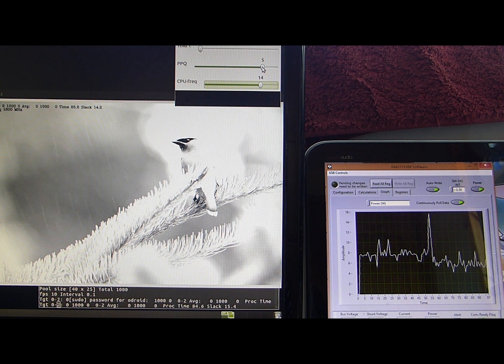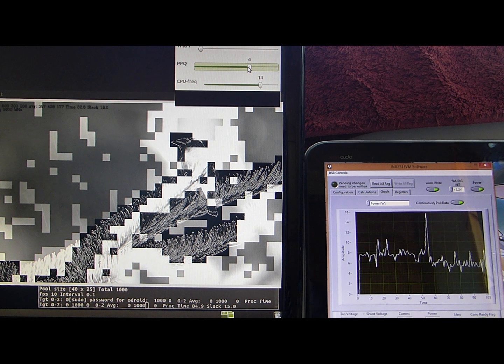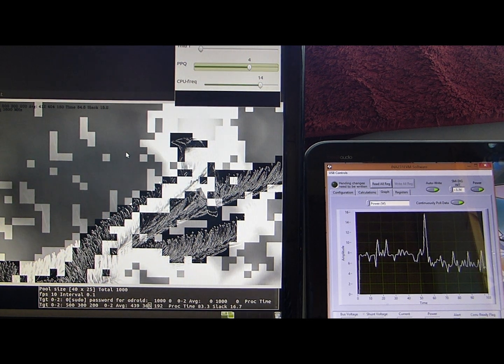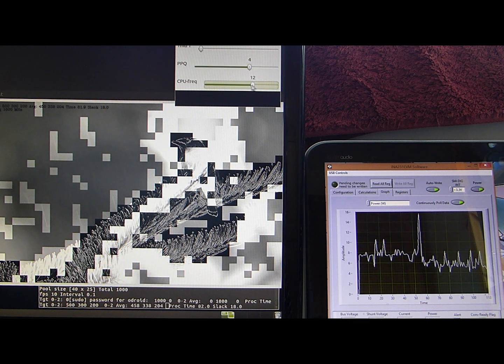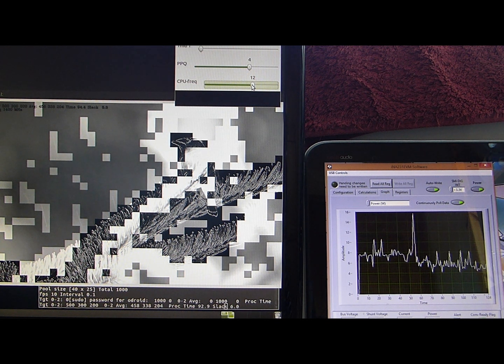If I now go down to PPQ of 4, which is the highest quality of the adaptive image processing, we now find we can go down to about 1400 megahertz, and we're still in positive slack, but again we've got another reduction of power, going down to about 5.2 watts.